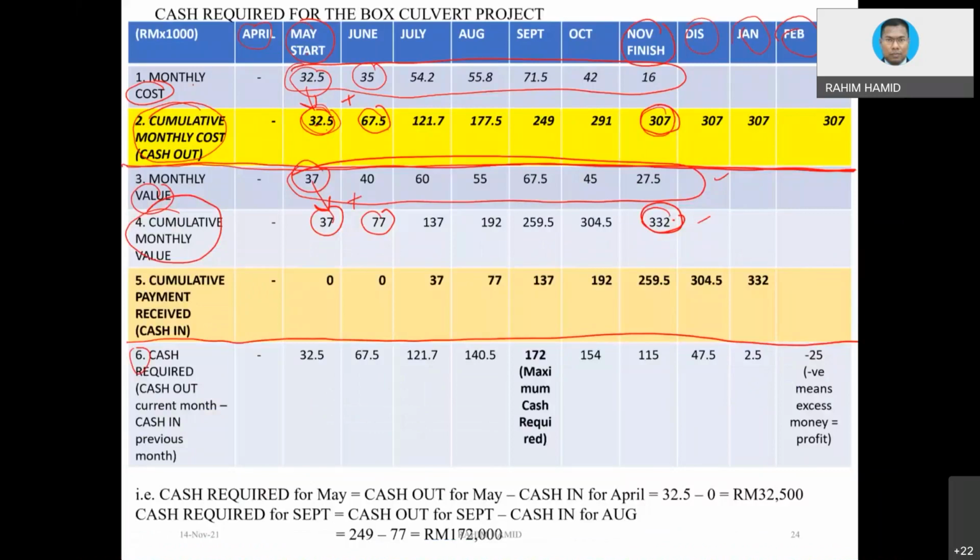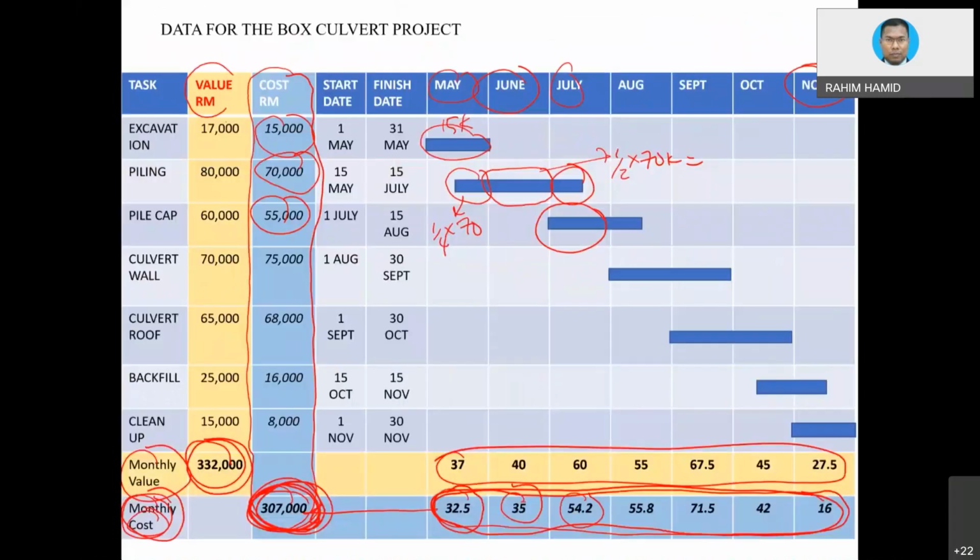Okay, now we need to conclude what could be the payment that we are going to receive. As I mentioned to you, the payment is basically from the value that you are supposed to do. Remember what is the value? This is the value of work, meaning to say the tender value or the contract value.